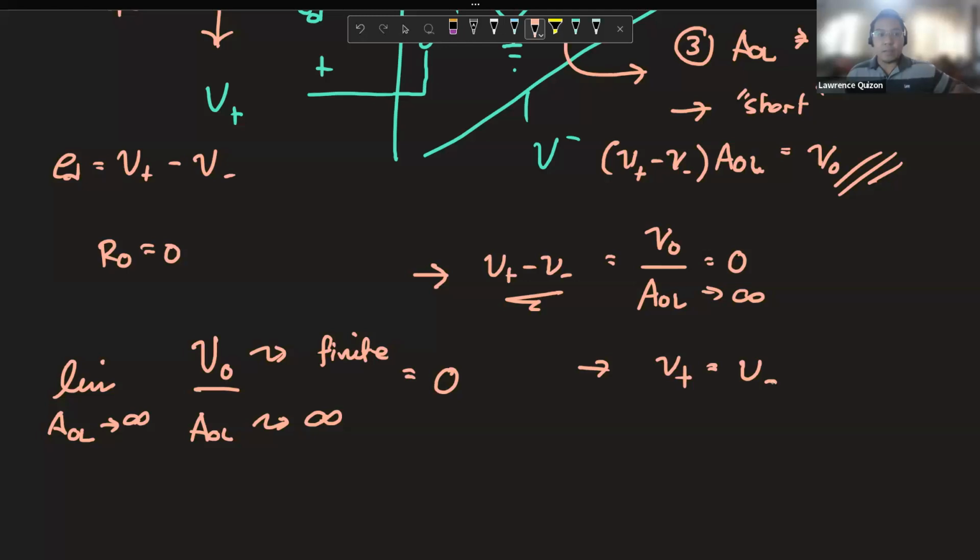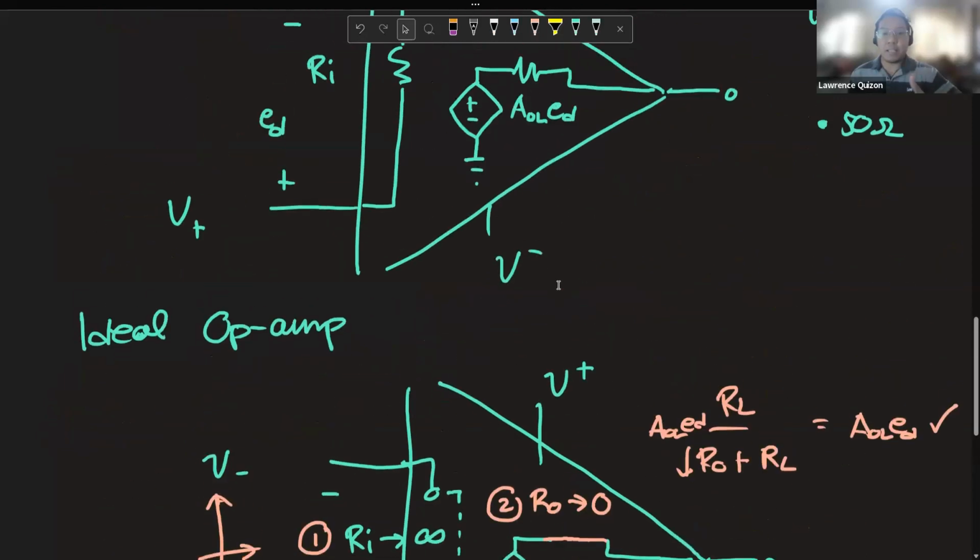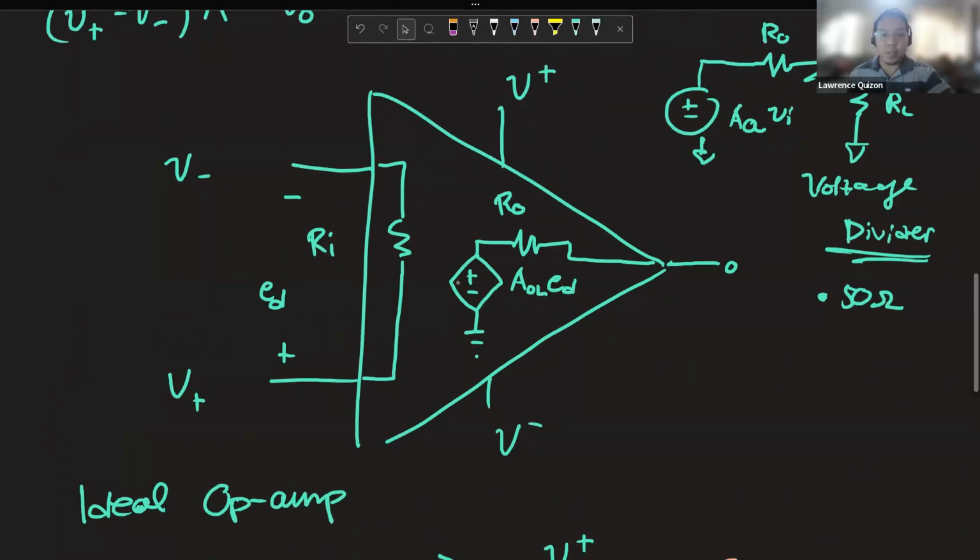ED equal, so this is always true, no? So ang ina-amplify ng op-amp natin is always the difference between the inverting input and the non-inverting input. So essentially yung ED na yon is just KVL on this initial model.